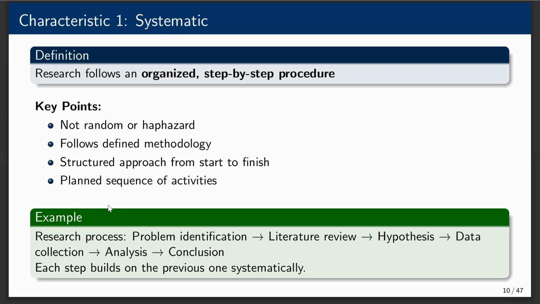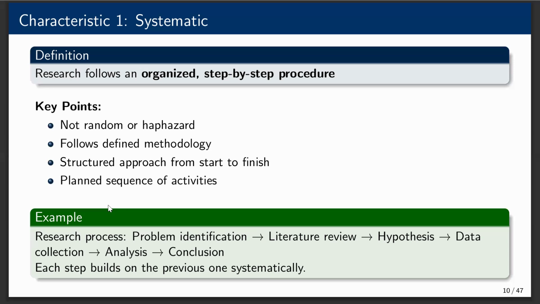Now, most of the students, when we start with the research topic, you don't know what is the problem, research problem. Now you have jumped in to do the dissertation directly. So that is the reason why literature review is not complete. Then hypothesis development, data collection, analysis and conclusion. Okay, so each step builds on the previous one systematically.